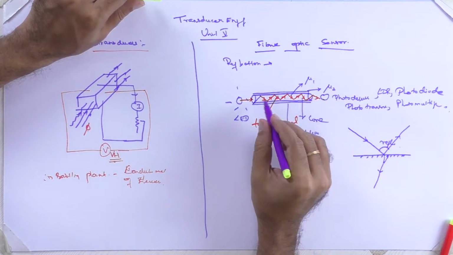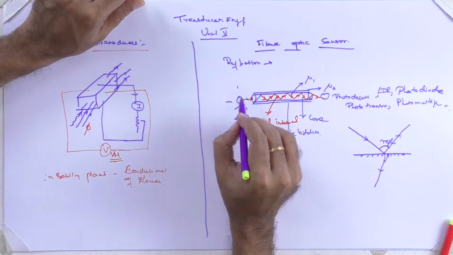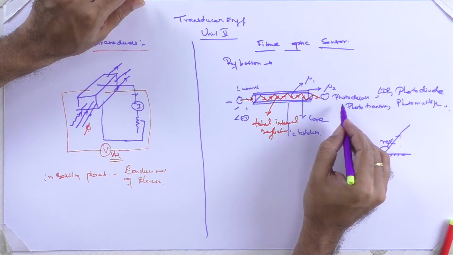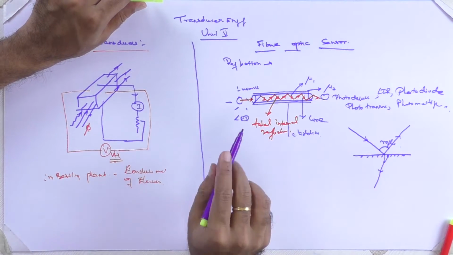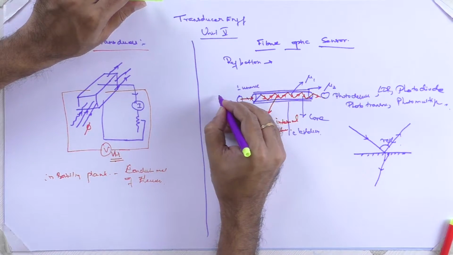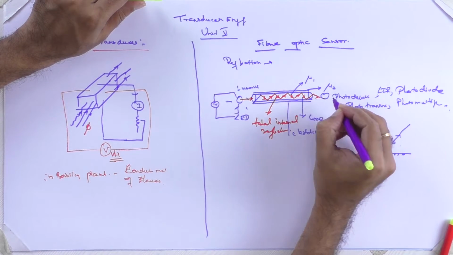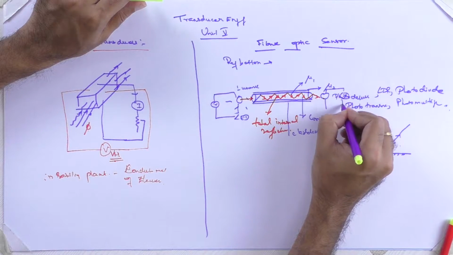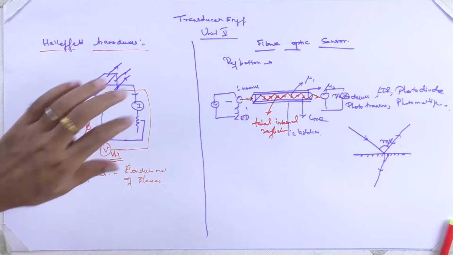Okay, so this is what happens inside a fiber optic cable, and what we are giving is mentioned in lumens, the amount of light should be appearing here in the photodetector. Here the voltage is given and it is converted to light, and here we are getting the light and we are going to convert it into voltage. Okay, so this is the basic principle of a fiber optic cable.